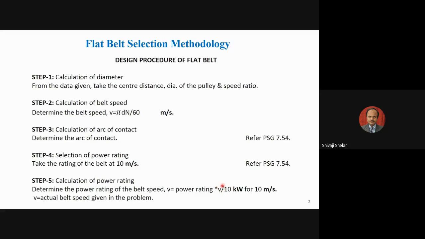If your given speed is greater than 10 meters per second, the power rating will change accordingly, so this ratio is greater than 1.